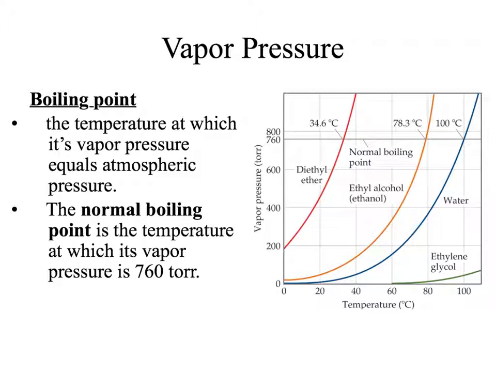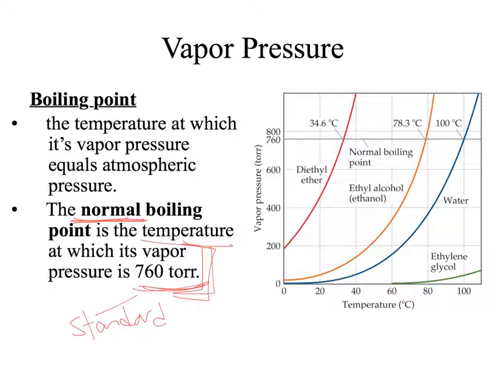Now we're going to define boiling point. So boiling point is technically defined as the temperature at which a liquid's vapor pressure equals atmospheric pressure. And another definition: the word normal doesn't mean what you think it means. The word normal means the boiling point is the temperature when the vapor pressure is 760 torr, because this is standard pressure.